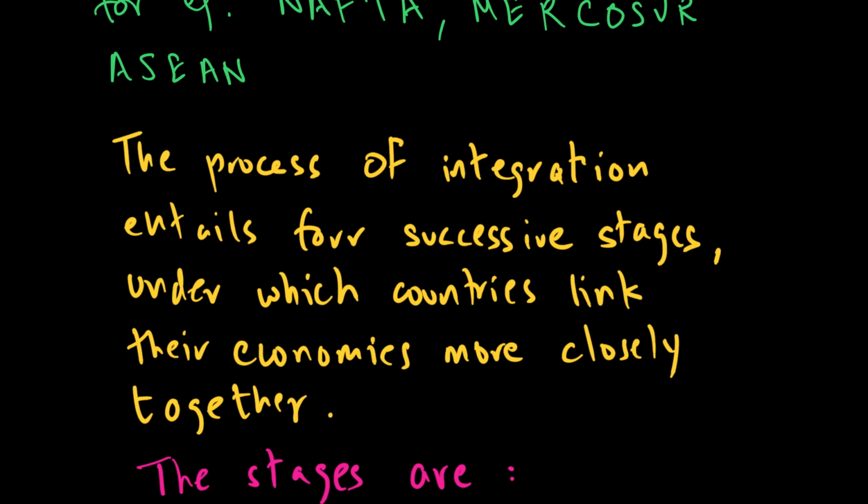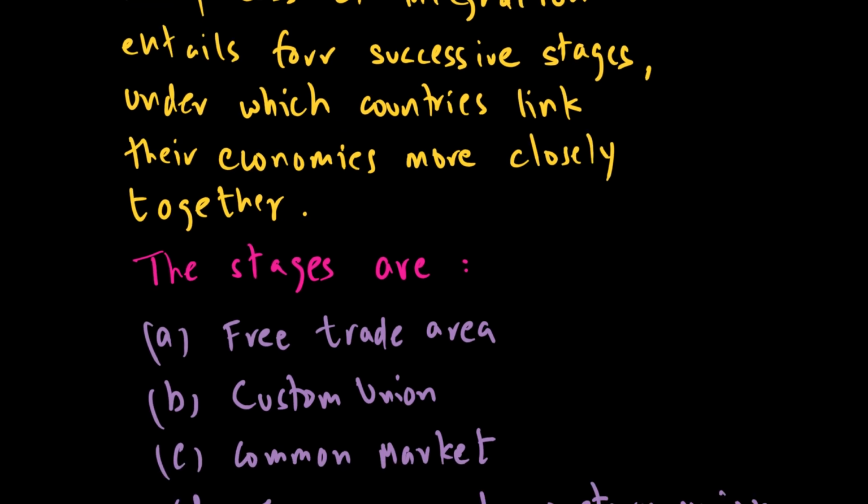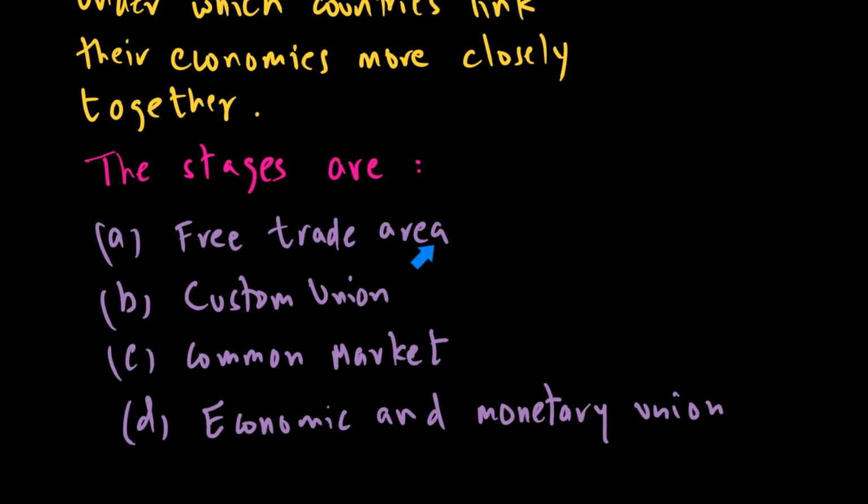So this discussion today is all about the four stages of economic integration. It starts off with the free trade area, then builds on to become a customs union. A tighter integration is a common market, and the last stage is economic and monetary union. So we'll discuss each one in detail.